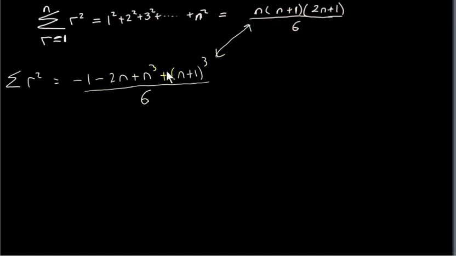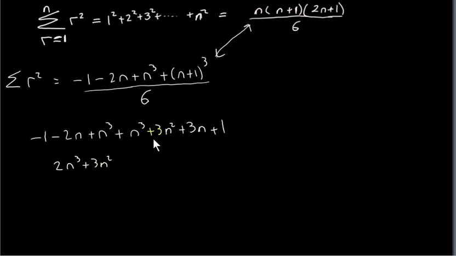So expanding out this numerator, we get minus 1 minus 2n plus n cubed plus cubing this binomial, we get n cubed plus 3n squared times 1 plus 3n by 1 squared plus 1 cubed. Tidying this up, we get 2n cubed plus 3n squared, 3n minus 2n is 1n, and these ones cancel out.